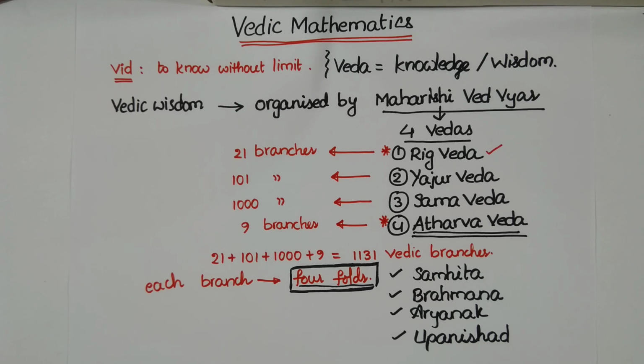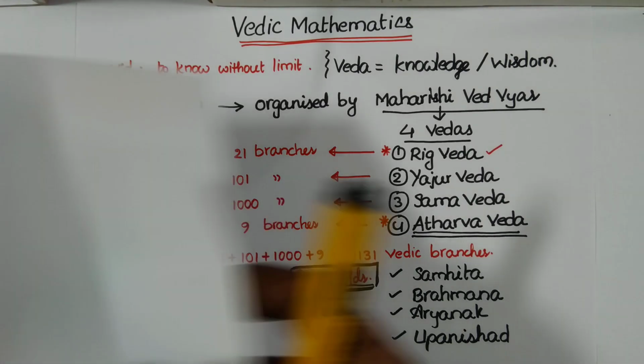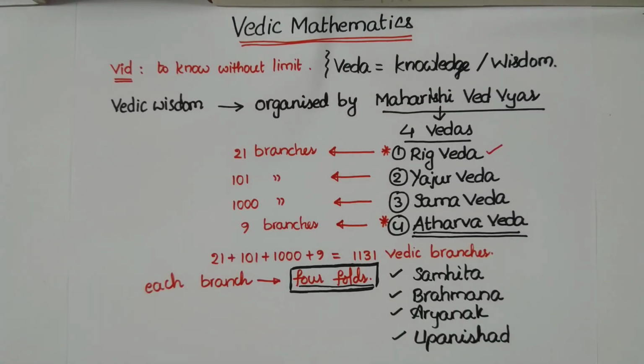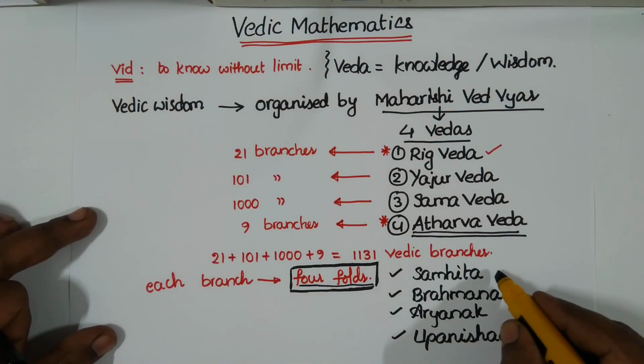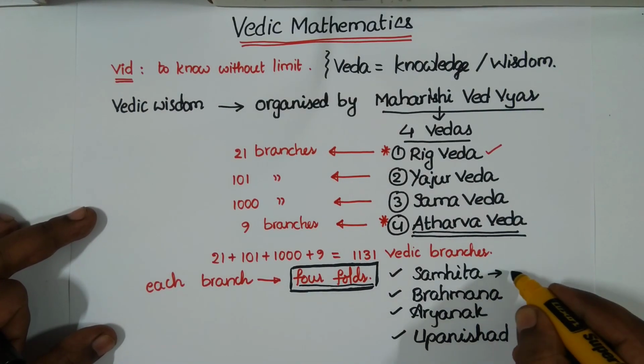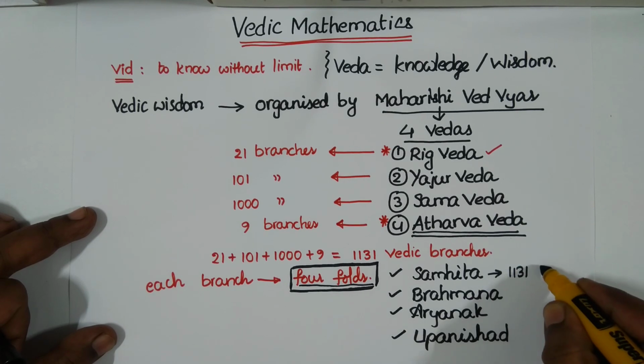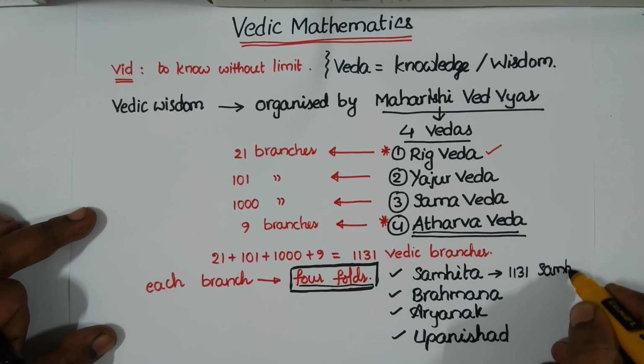All right, so as of now we have 1131 Vedic branches, right? Therefore we could say you have 1131 Samhitas. Yes or not?